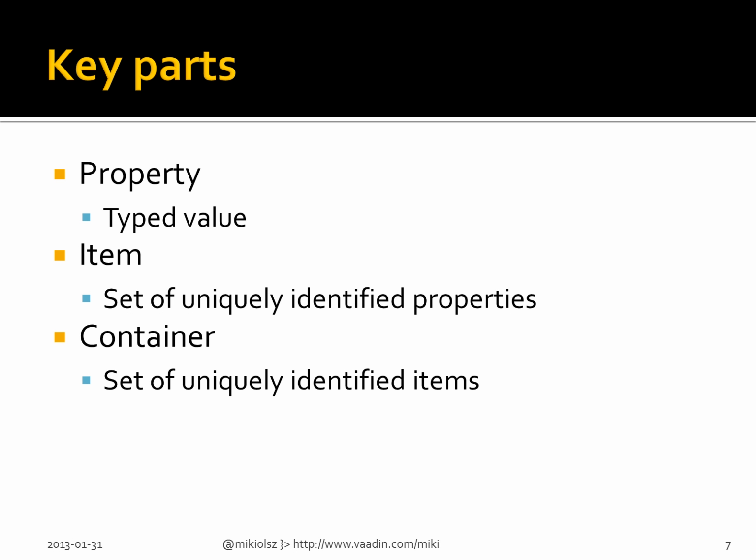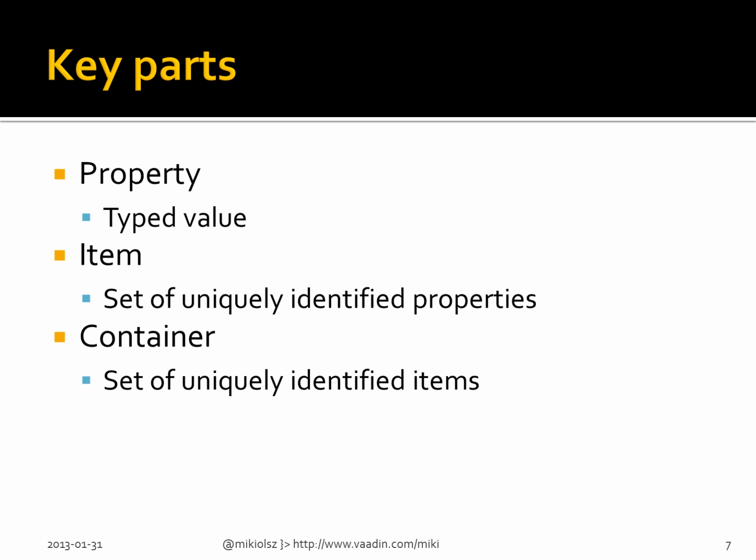So as I said, the item is a set of uniquely identified properties. Every property in the item has its identifier, most commonly referred to as a name of the property, and those have to be unique. So an item cannot have two different properties under the same identifier.